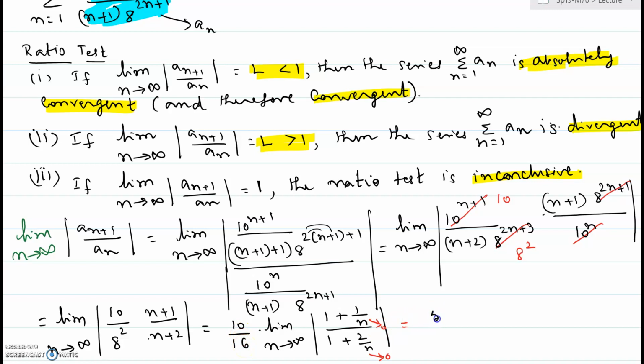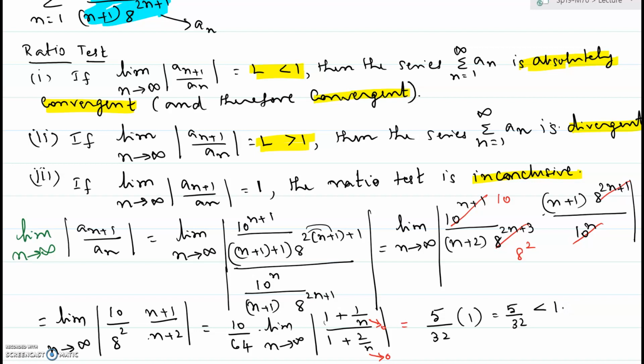So when you reduce that, 8 squared is actually not 16, it's going to be 64. So when you reduce that, it will become 5 over 32. Then this part in the absolute sign is simply 1. But 5 over 32 is a number smaller than 1.